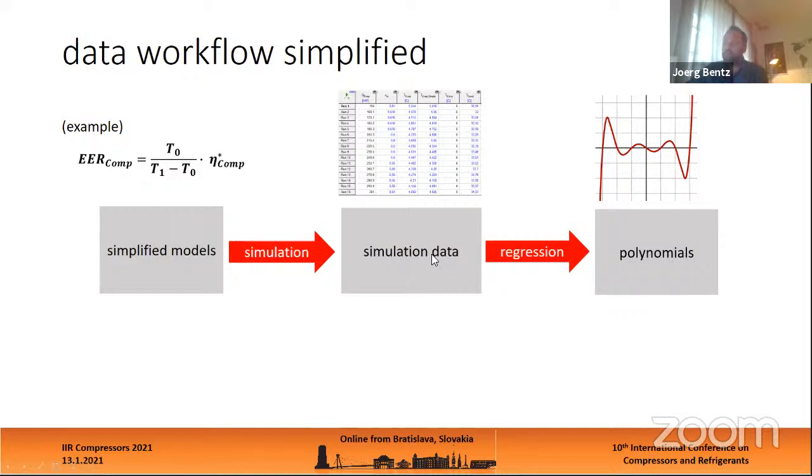With this simulation database, we can start a regression and create polynomials which then represent the characteristics of these components.